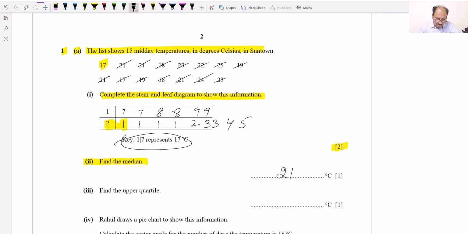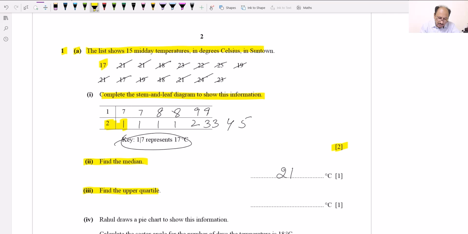Now find the upper quartile. Upper quartile will be the middle of the upper values. We are counting these values, so it will be 1, 2, 3 on this side, and 3 from the other side, if we count.